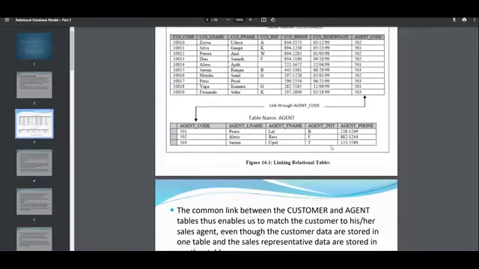These relationships occur because of the foreign key. Without a foreign key, we can't tell about a relationship or its type. You should have a relationship first, right? Then only can we say the relationship type.